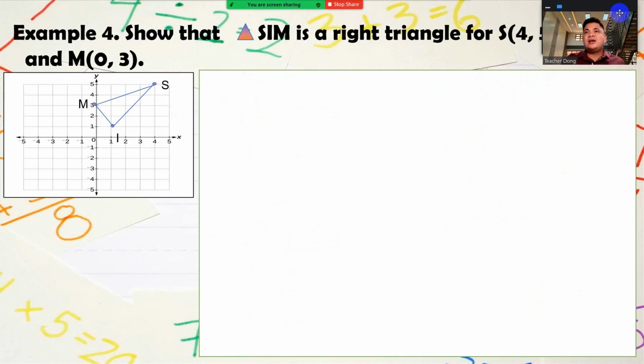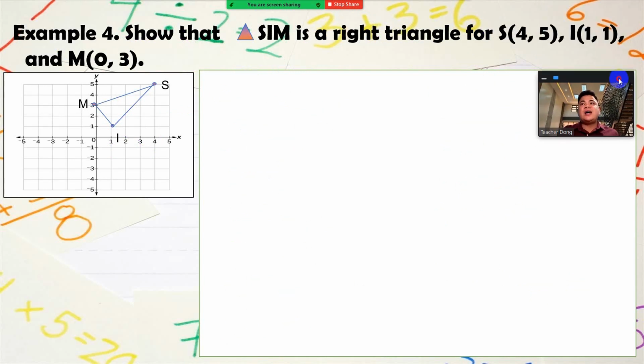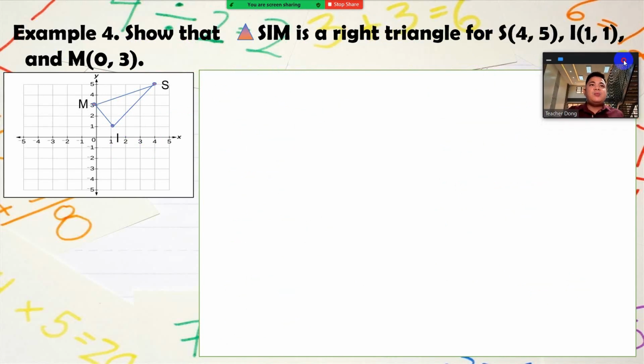Point S is (4, 5), point I is (1, 1), and then point M is (0, 3). Okay. So same thing, we're going to draw the sketch of the triangle. So we have SIM. We will be solving for segment SI, segment SM, and segment IM.